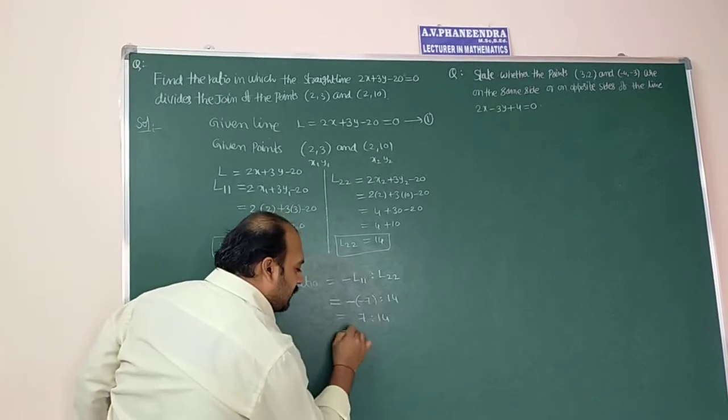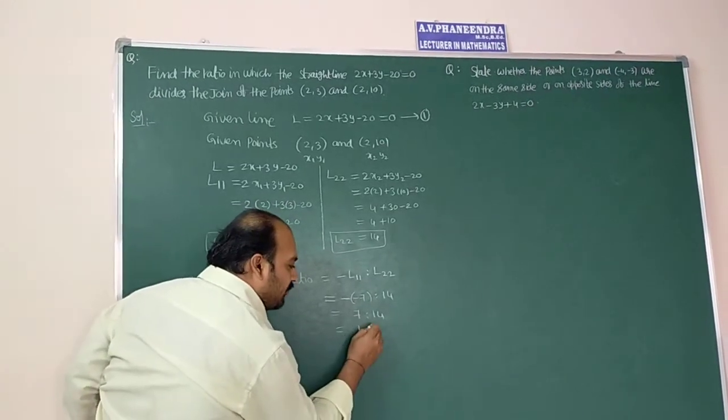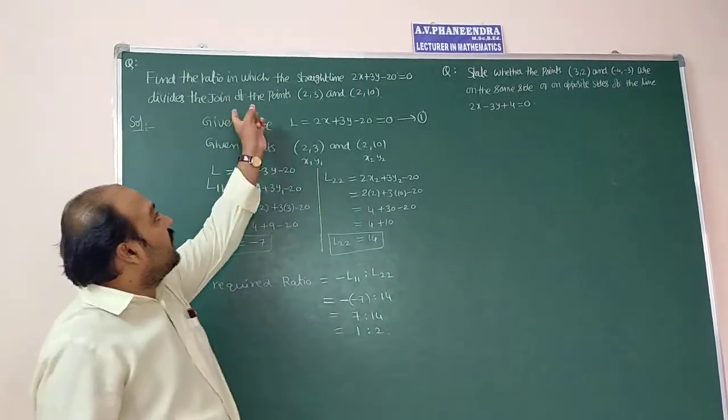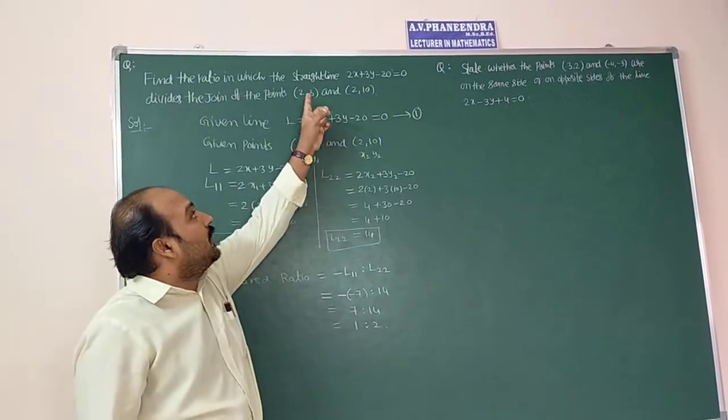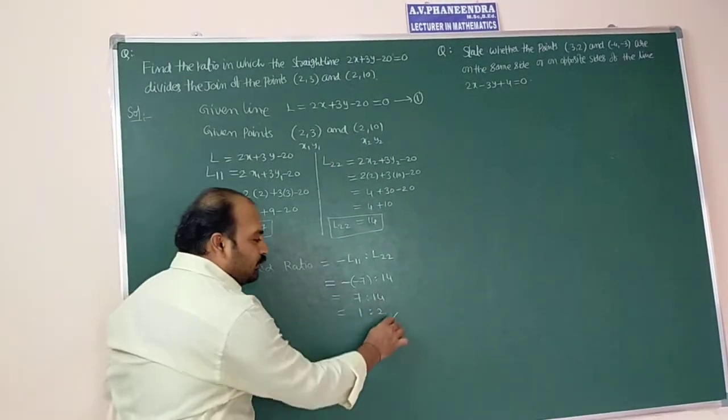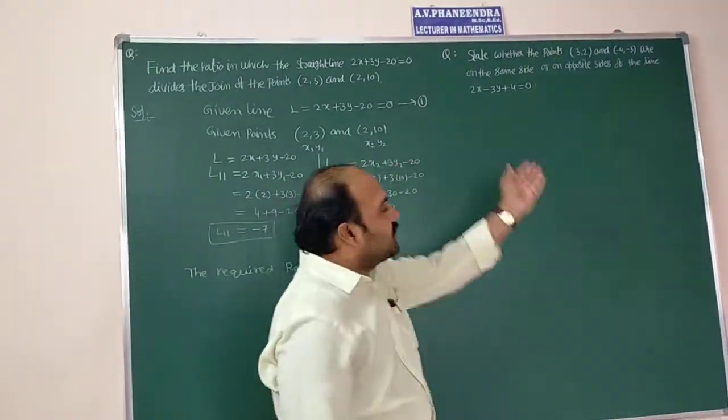We have to write it in the simplest form: 7 ones are 7, 7 twos are 14, so 1 is to 2. So the line divides the line segment joining the points (2, 3) and (2, 10) in the ratio of 1 is to 2. Come to the next question.